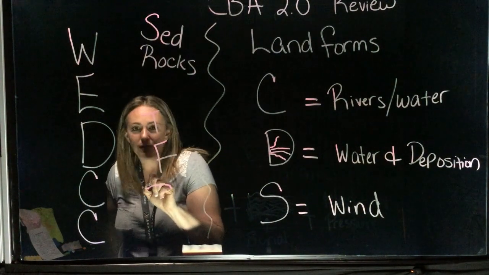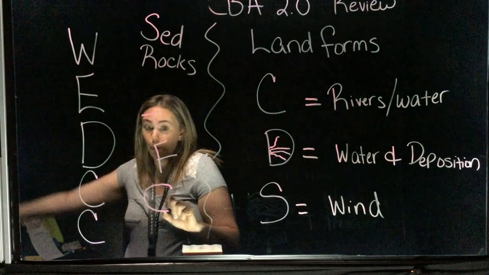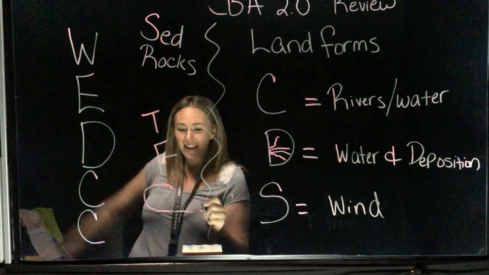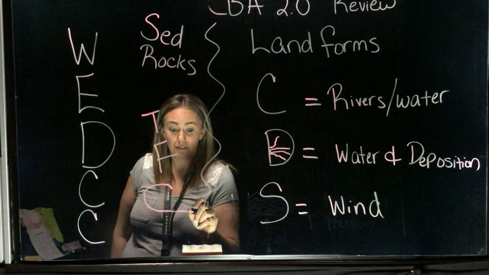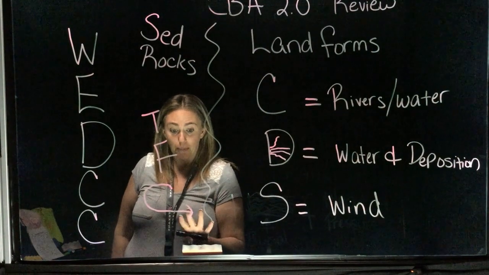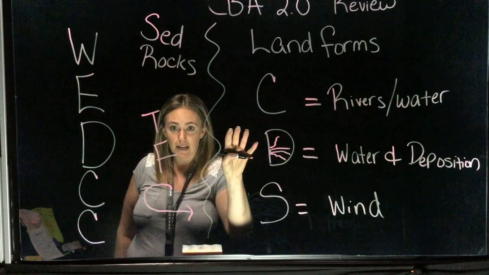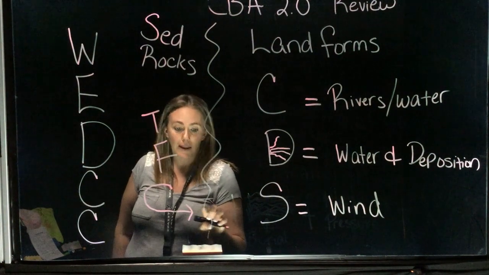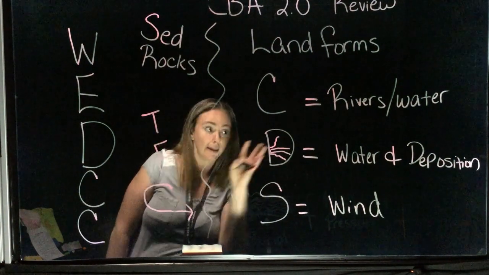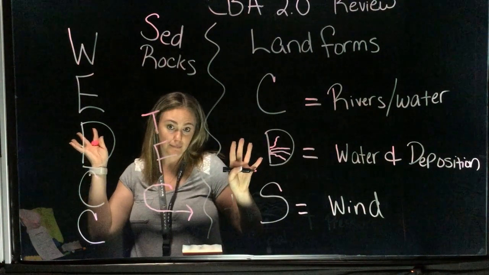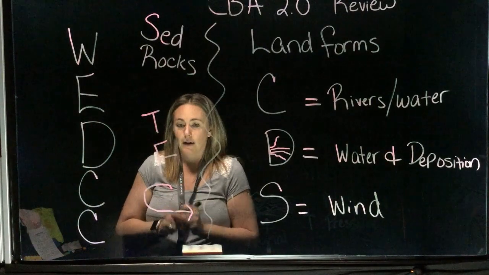Energy, energy, energy flows. Where it's going to go, nobody knows. And if you hit a Y intersection, stop. Look at what the question's asking you. Then figure out if you need to go right or left. Okay? All right, you guys got this.